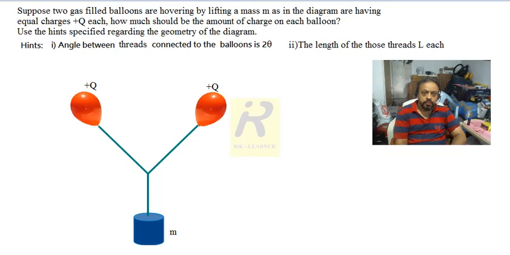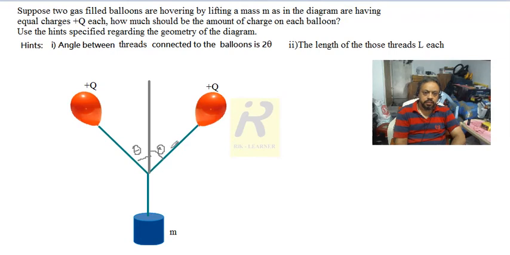If I draw a line through this knot, perpendicular, it is vertical. So the complete angle between this thread and this thread is 2 theta. Therefore this angle must be theta and this angle must also be theta.